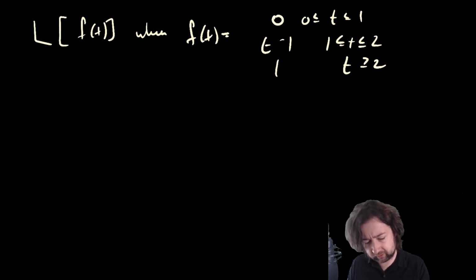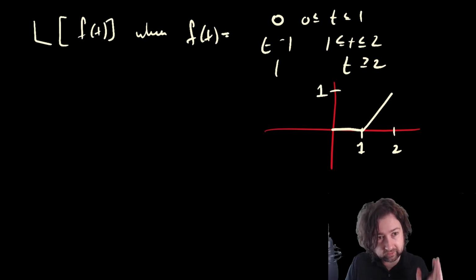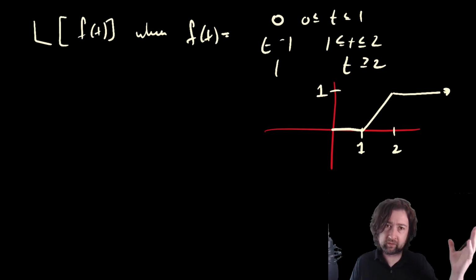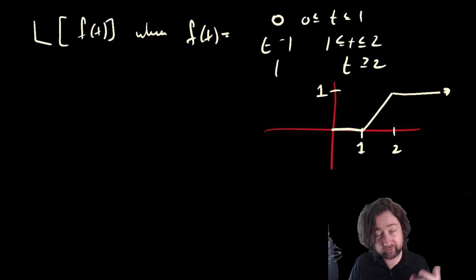So this is a function that looks like this. It travels from 0 to 1, and it's 0. When it hits 1, it turns into the function t minus 1, which pops it up like this until you get to t equals 2. And then it just stays at height 1 forever after that. So it's sort of a ramping function. It ramps up to a certain level and then just stays on. This sort of function shows up a lot in physical applications.